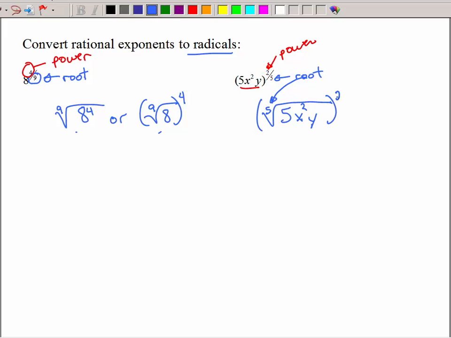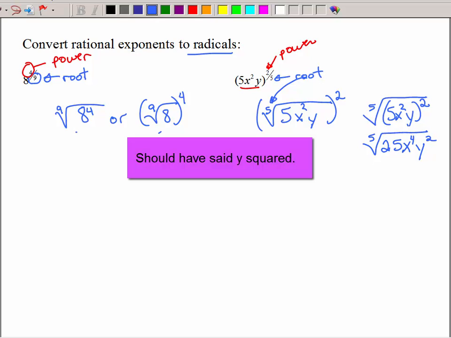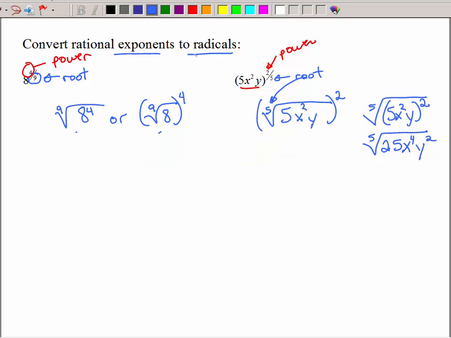So I could put parentheses squared, or I can take the fifth root of 5x squared y all squared. You could leave it like that, or you could take this one step further and actually square that and say, well, that's 25 x to the fourth y. But all I really want you to learn is how to convert the exponents to radicals.